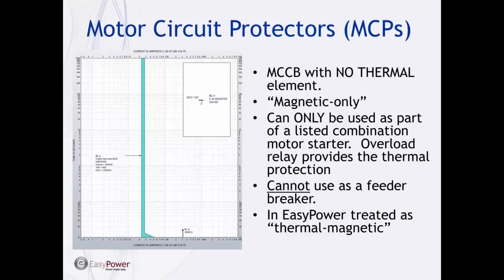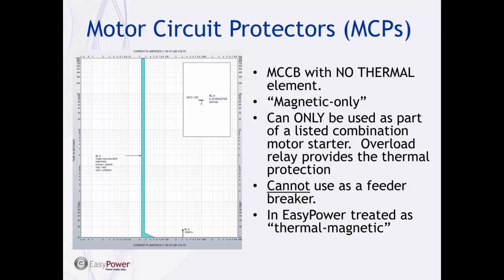It's a magnetic only breaker, so it has no thermal element. And you can see this is just the instantaneous trip. The instantaneous trip is actually way down at the bottom here. This little thing here is the instantaneous trip. The vertical line is the instantaneous pickup.